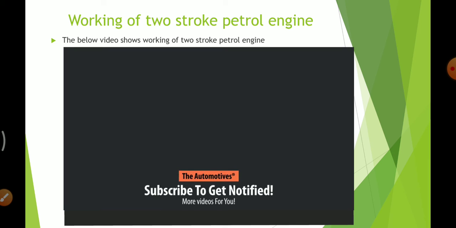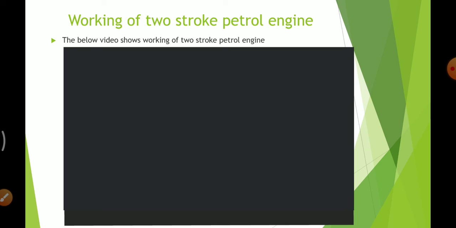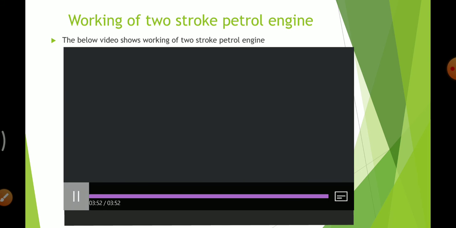The fuel injector injects the fuel into the cylinder in small tiny particles, just like a spray. This is the working principle of a two-stroke petrol or diesel engine. Once again, I am going to play the video.